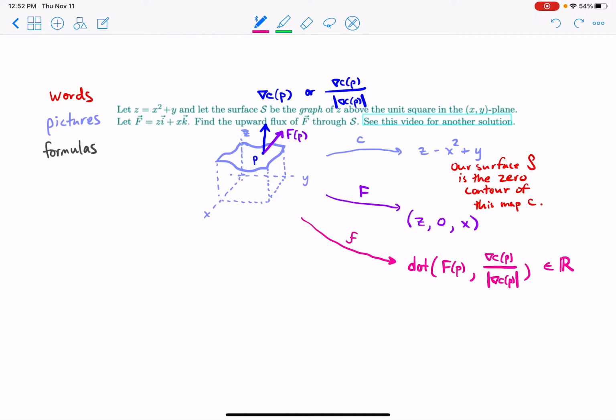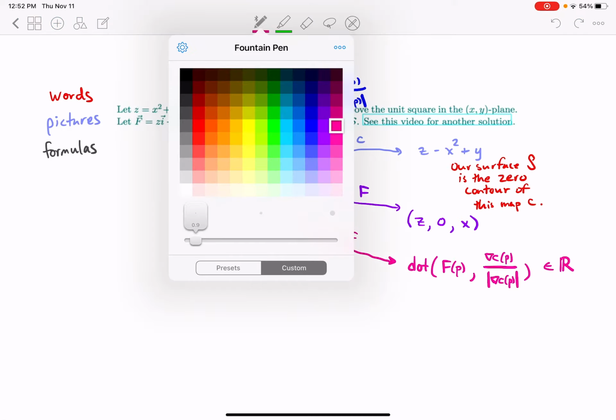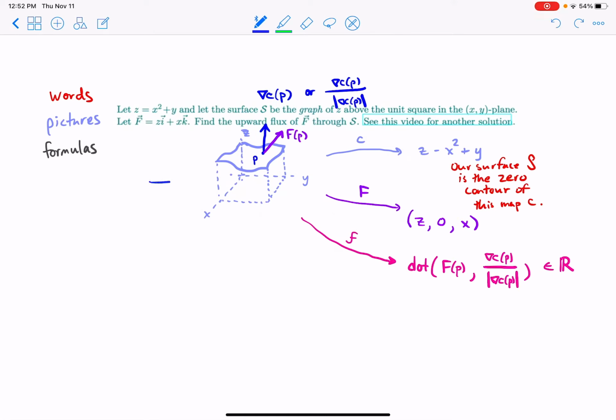Now, in order to actually compute this integral, this is a curvy surface, so we need a parameterization map, G. In this case, it's very easy to see what it is. In fact, I'll even just keep the same variables, x and y.